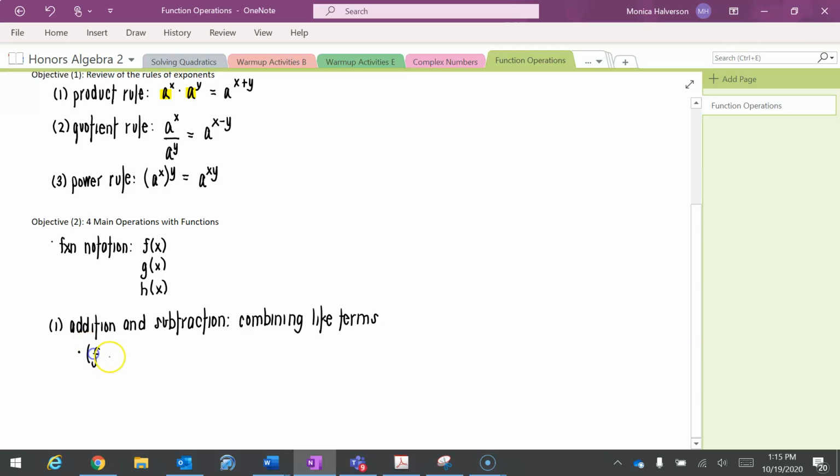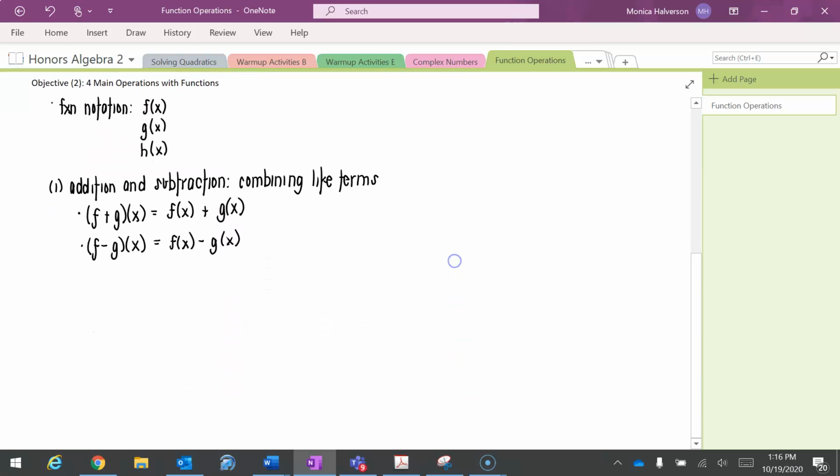It could be written as f plus g of x, and all that means is you're adding the function f with the function g of x. The same with subtraction. F minus g of x does not mean that we're subtracting f and g. What it means is that we're subtracting the two functions from each other.